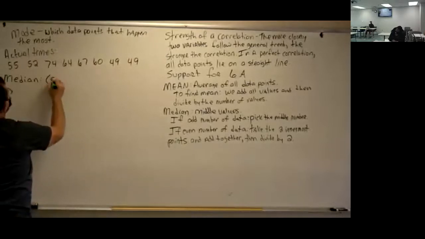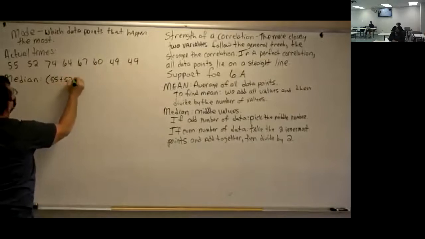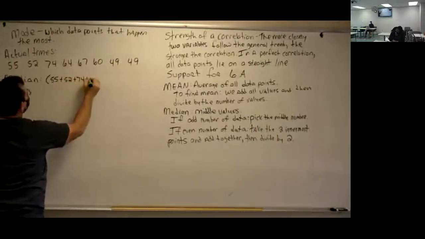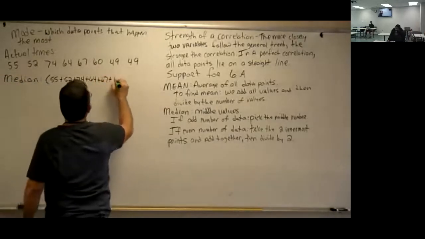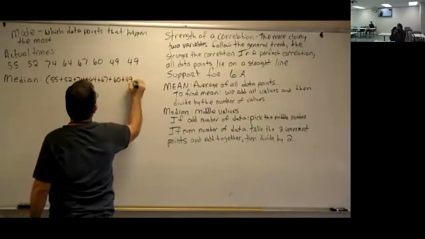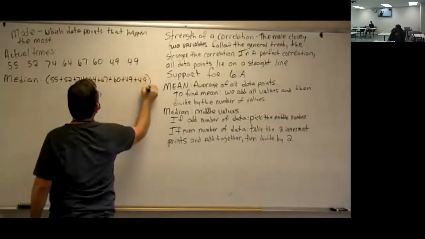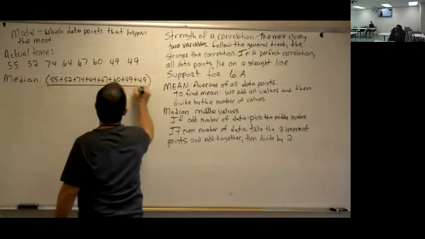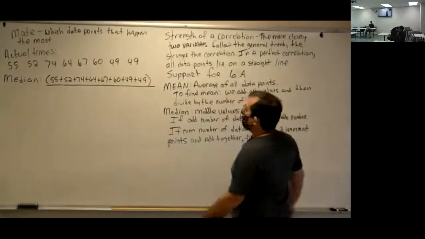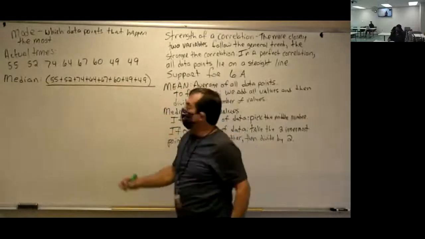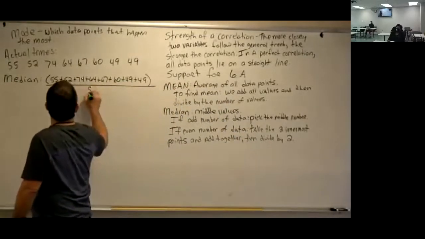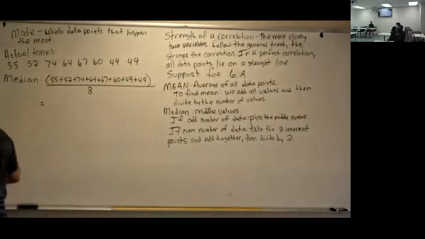I'm going to take 55 plus 52 plus 74, 64 plus 67, 60, and then 49 plus 49. I'm going to add all of them up. And then I had what? 1, 2, 3, 4, 5, 6, 8 scores. So I'm going to divide all that by 8. Okay. All right, so here we go. Let's add them up.